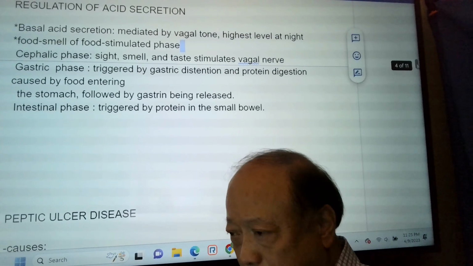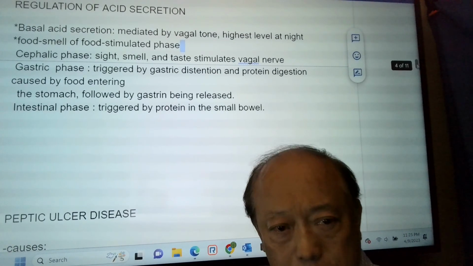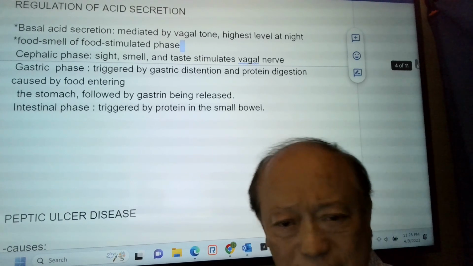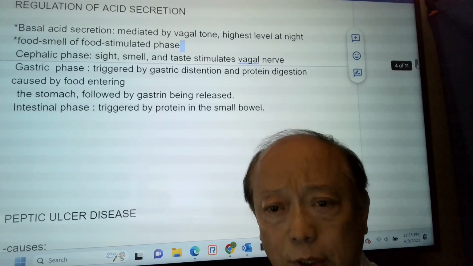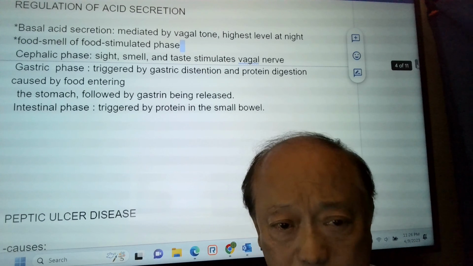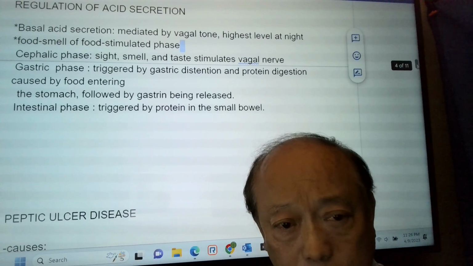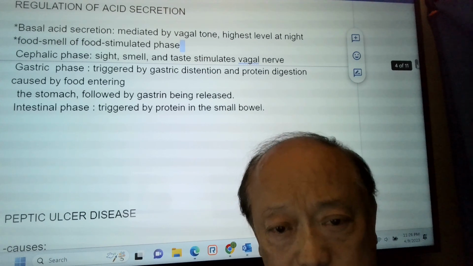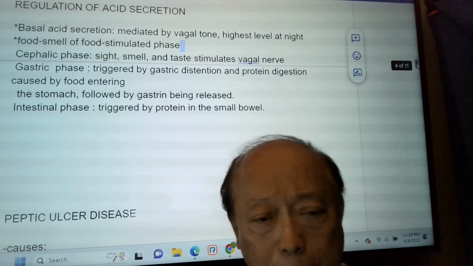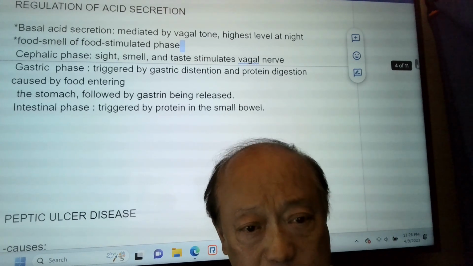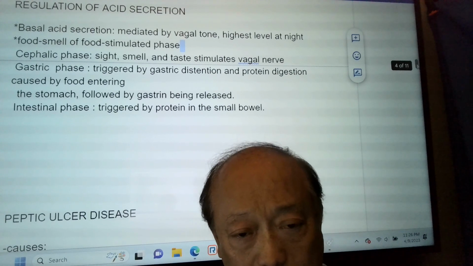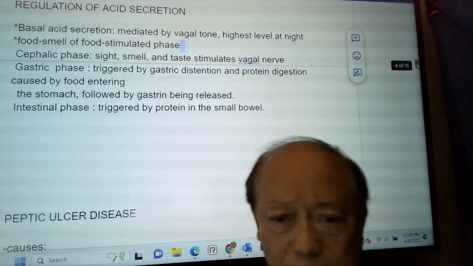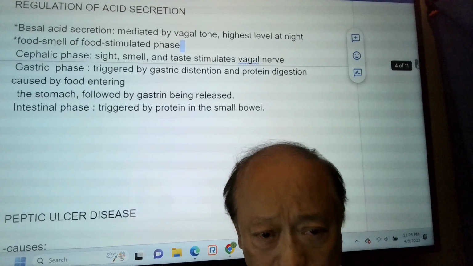Regulation of acid secretion. Basal acid secretion is mediated by vagal tone, highest at night. The food-stimulated phase has three phases. There's the cephalic phase, where the sight, smell, and taste stimulate the vagus nerve.